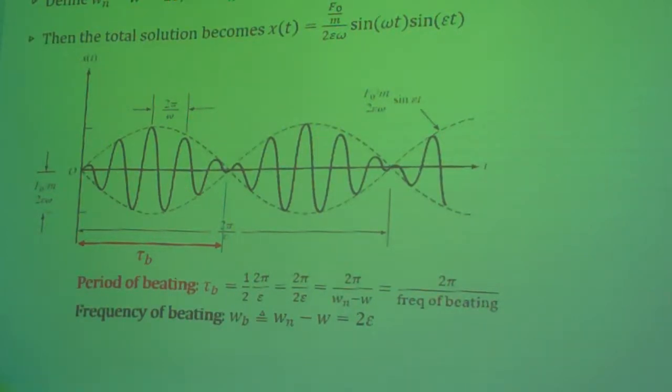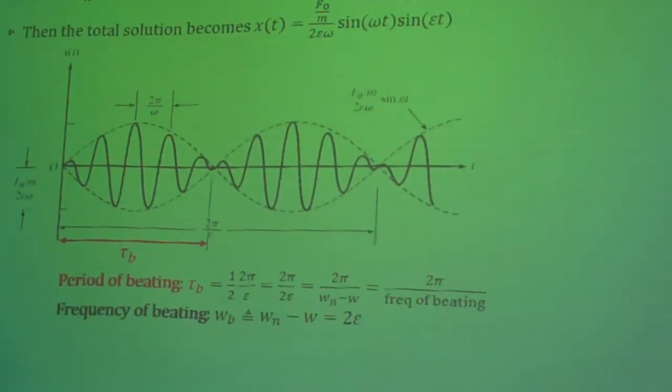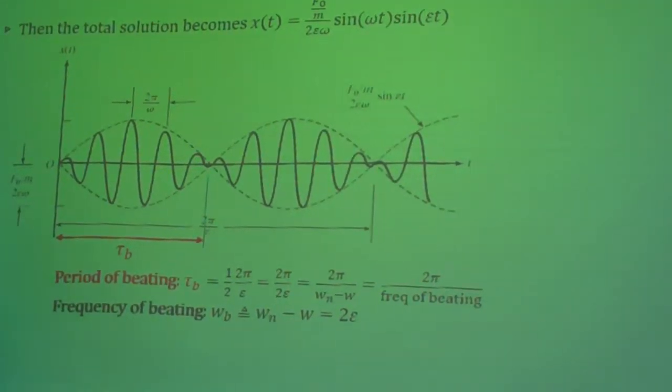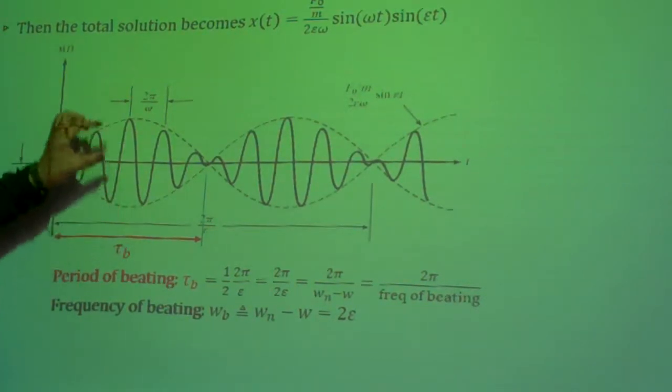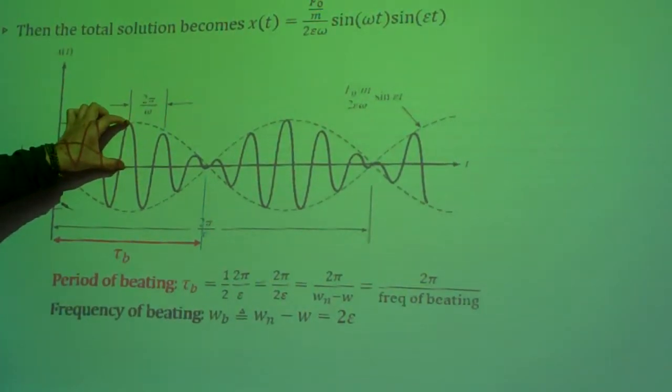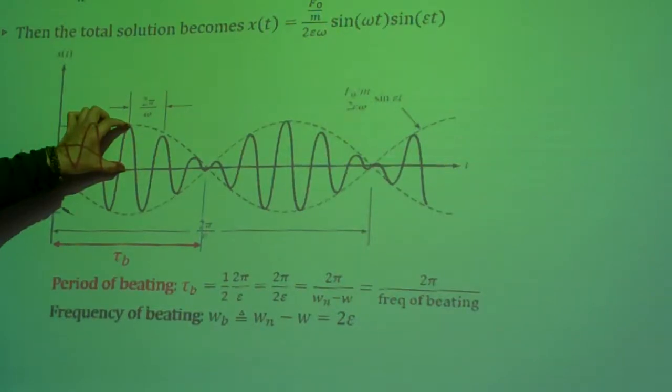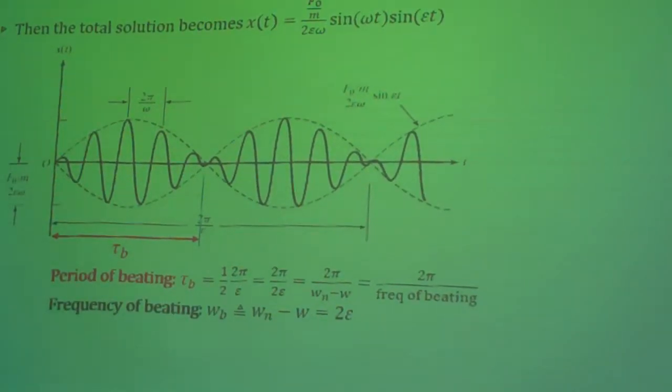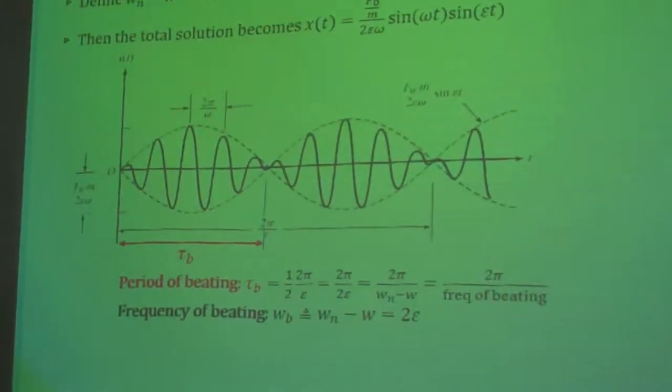If the maximum amplitude equals 0.02, then you are looking for this value equal to 0.02, and based on that information you go ahead and solve for certain numbers.